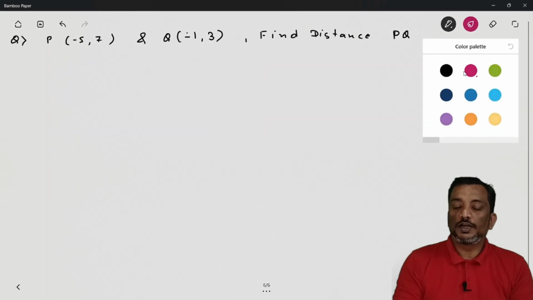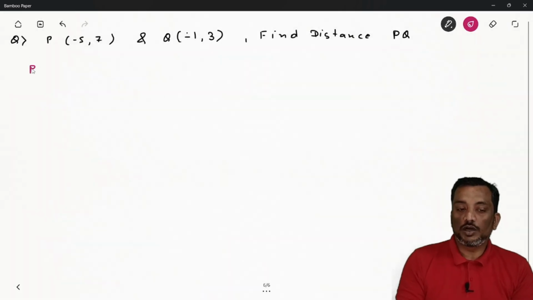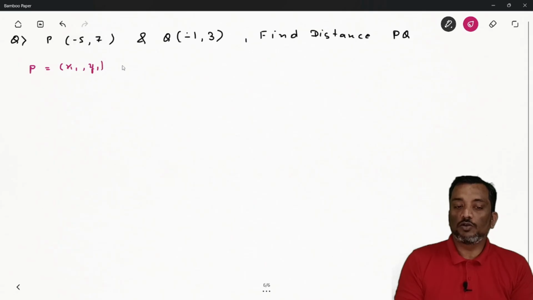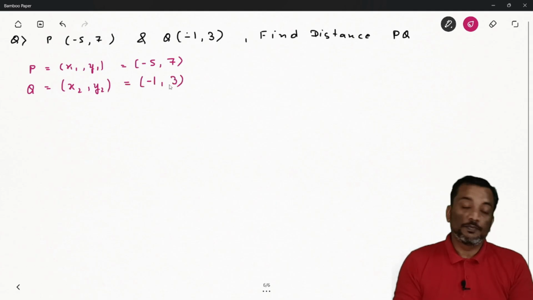So simple, you know this question. Your first coordinate will act as P. So what information have you been given? First you can write P as x1 comma y1, and their coordinates are minus 5 comma 7, and Q is x2 comma y2, and their coordinates are minus 1 comma 3.